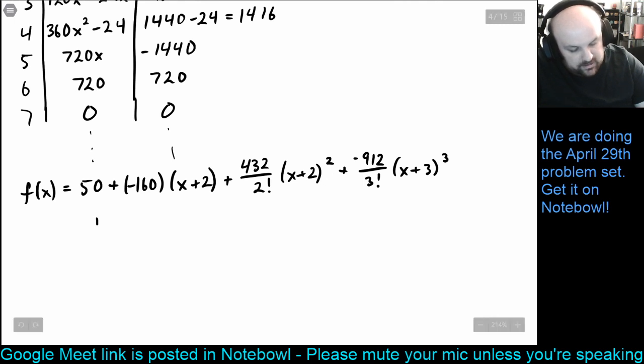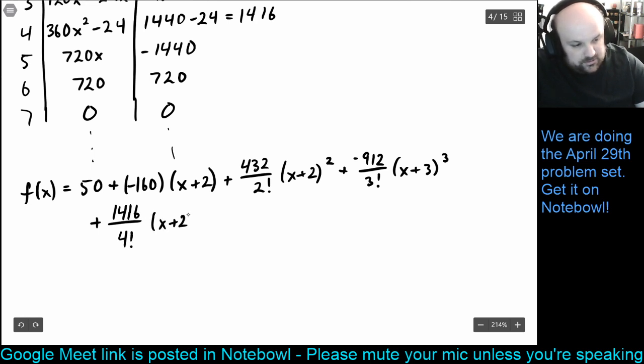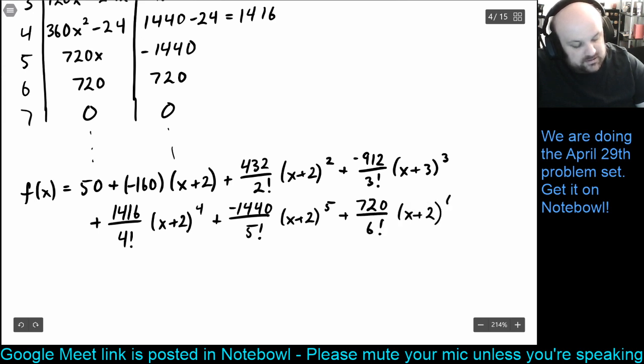And then plus 1416 over 4 factorial times x plus 2 to the 4th, plus negative 1440 over 5 factorial, x plus 2 to the 5th. And then finally, plus 720 over 6 factorial, x plus 2 to the 6th.